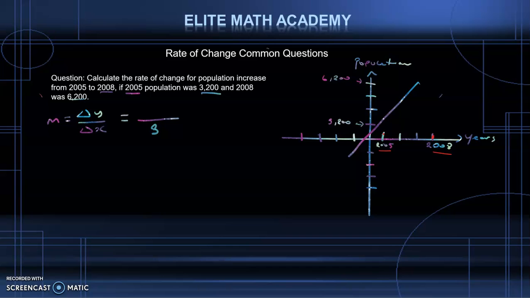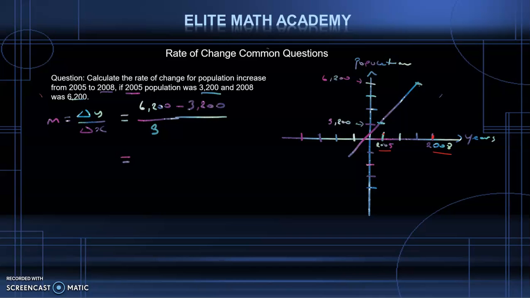3 years have passed. Now what will be delta y? Delta y will be from this point to this point, and then delta y will be 6,200 minus 3,200. We are identifying the change in y over the change in x.